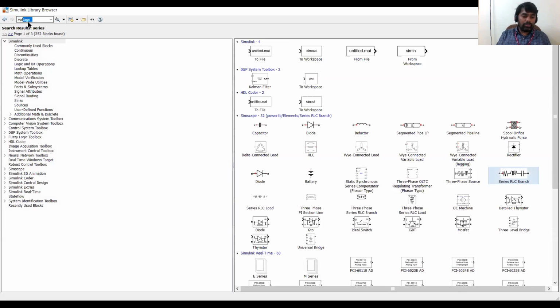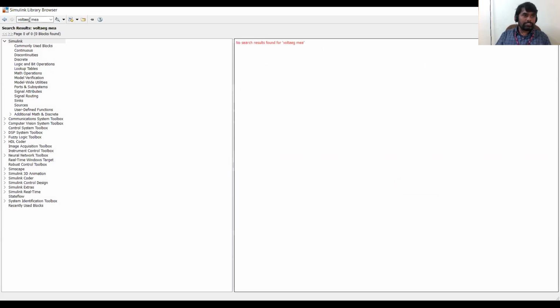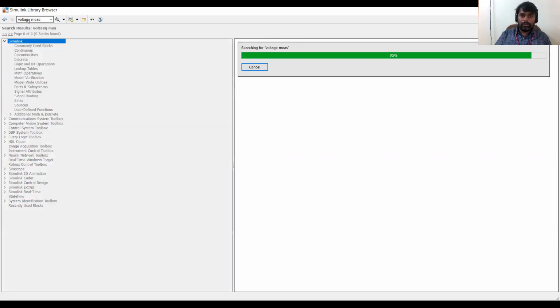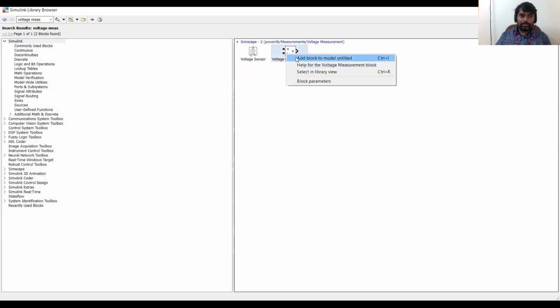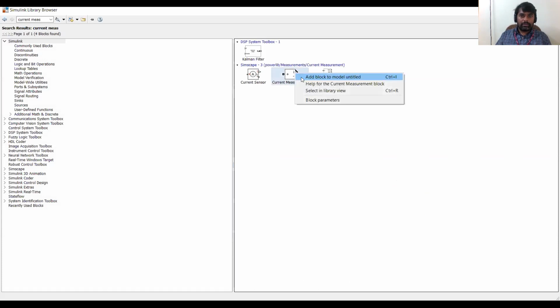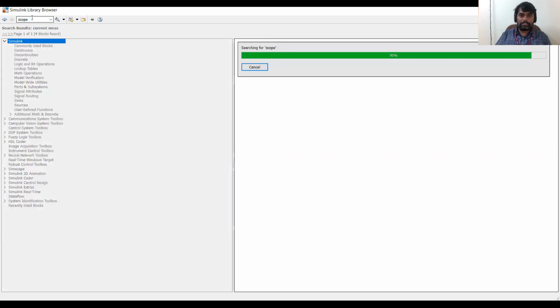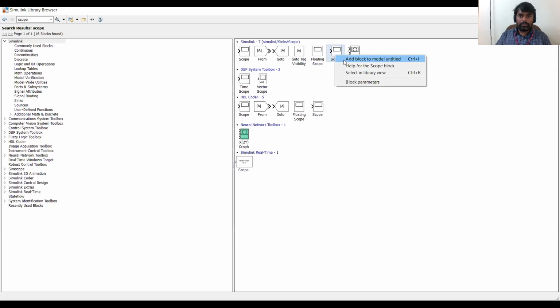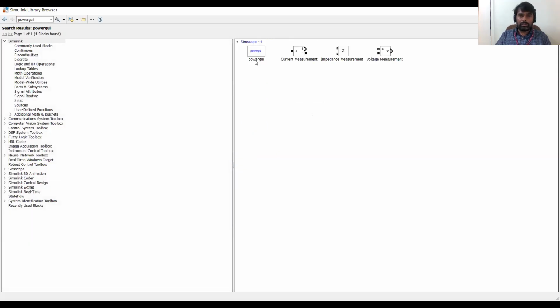Then we need a voltage measurement block to measure the voltage. Similarly, I need a current measurement block to measure the current. Okay, this is to see the output voltage, output current responses. I need scope also. So let us connect a scope. Then I need to have Powergui also in order to run the complete model.